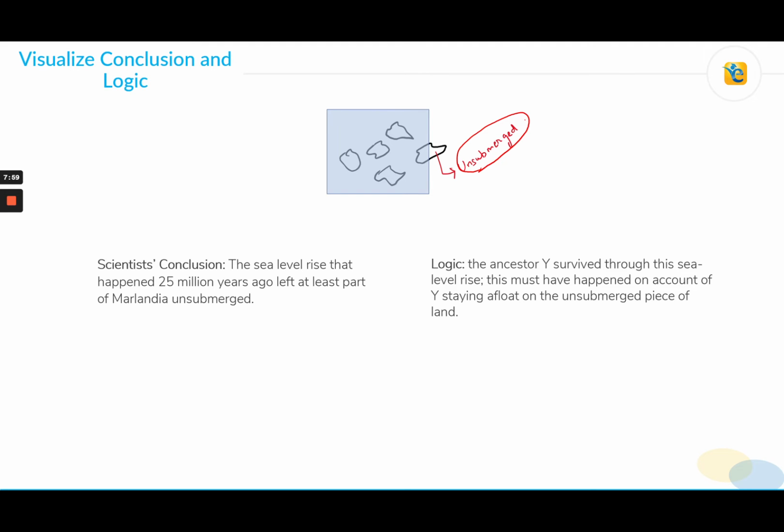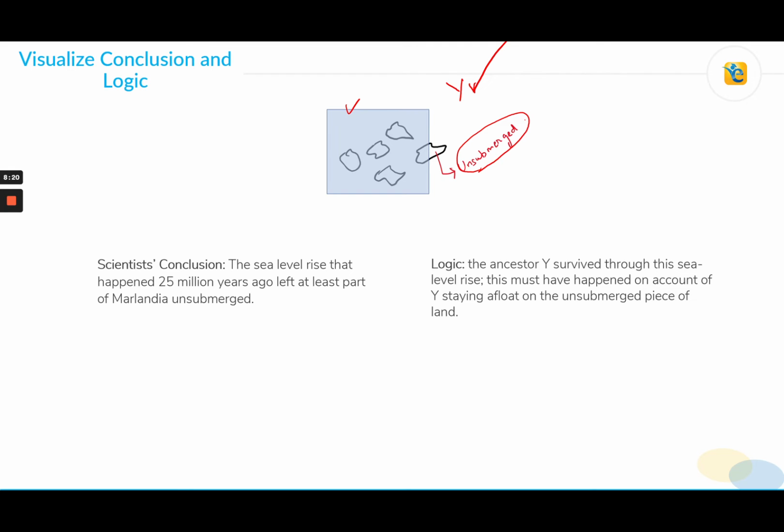Earlier the belief was when the sea level rose, Marlandia got submerged, and when Marlandia got submerged, Y became extinct, Y got wiped out. Now, with the knowledge that Y continued to survive, the question is, how did this Y actually survive?